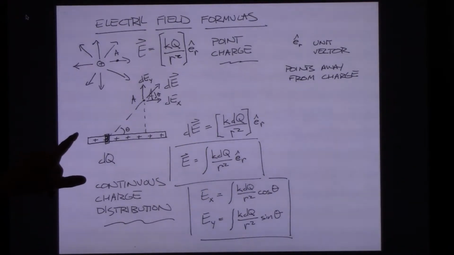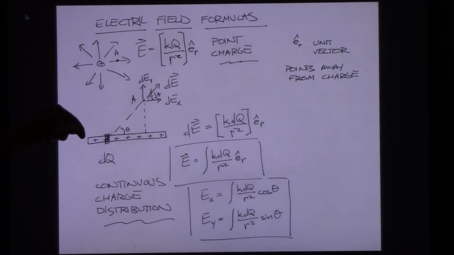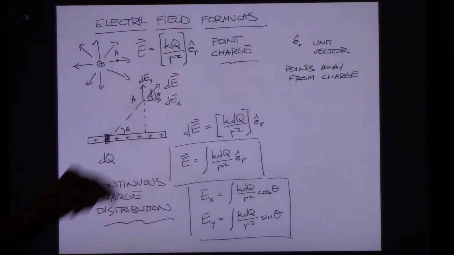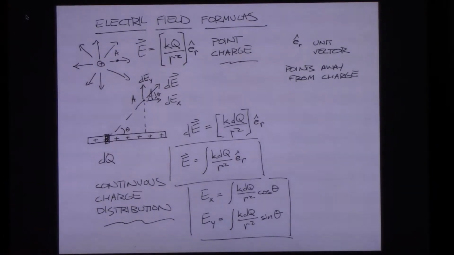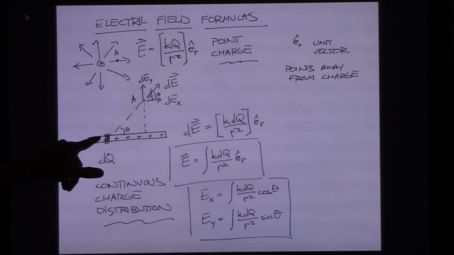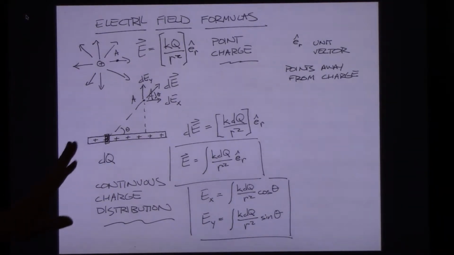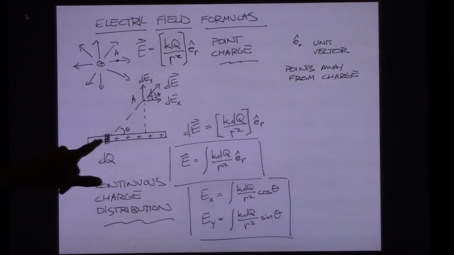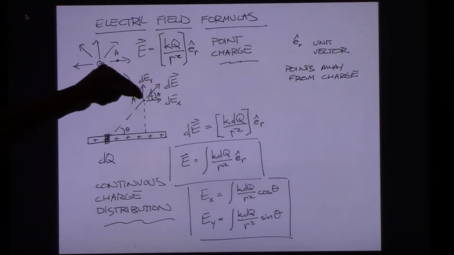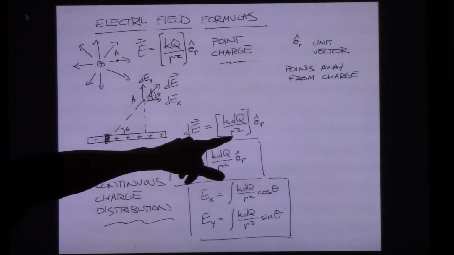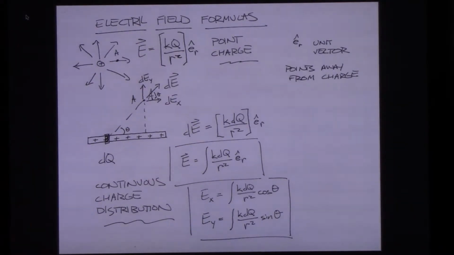And that is, as I move from dq to dq to dq, as I move along the length of that charge distribution, what's changing? So in this case, the dq's look like they're all kind of the same, but when I move along here, the distance is changing. So r is not a constant. R is going to have to be integrated.